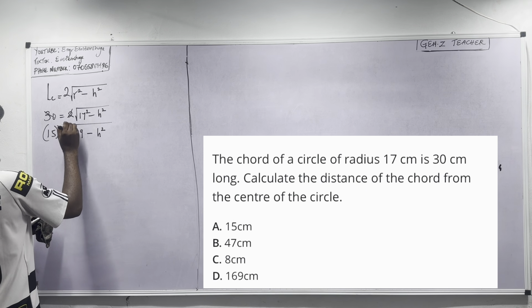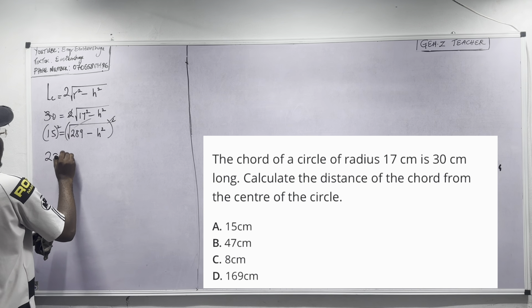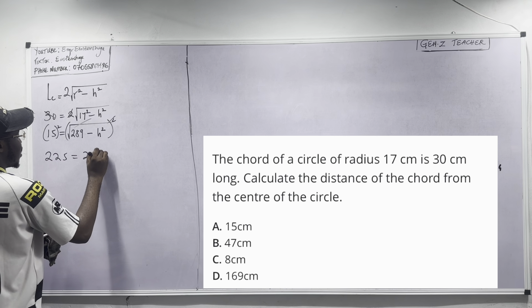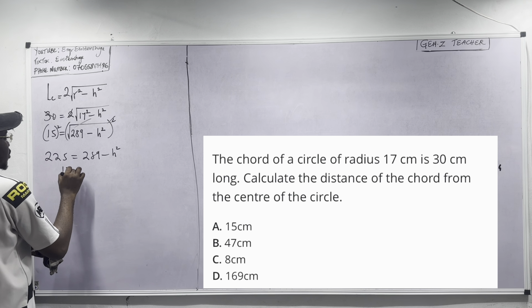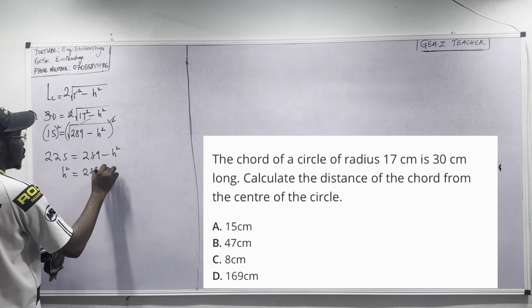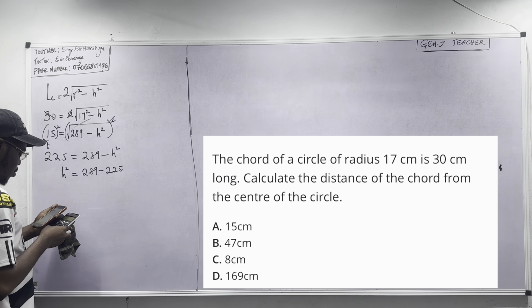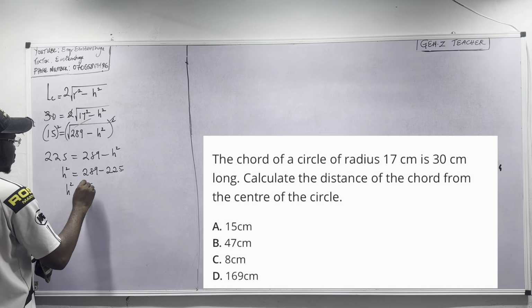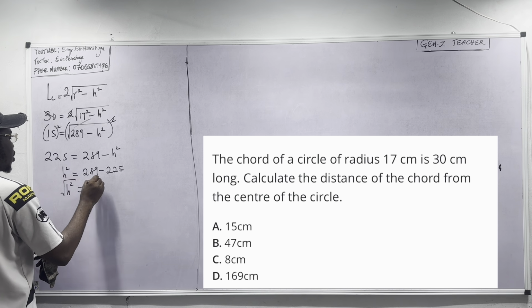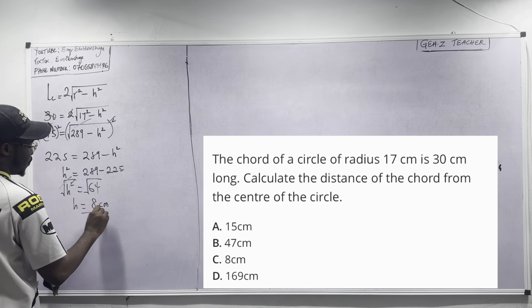To square both sides, so we're going to take out the square root. 15 squared gives you 225 equals 289 minus h squared. So collect like terms, we're going to have h squared equals 289 minus 225. That is 64. So h squared equals 64, and then the square root of both sides. We're going to get the height as 8 centimeters.